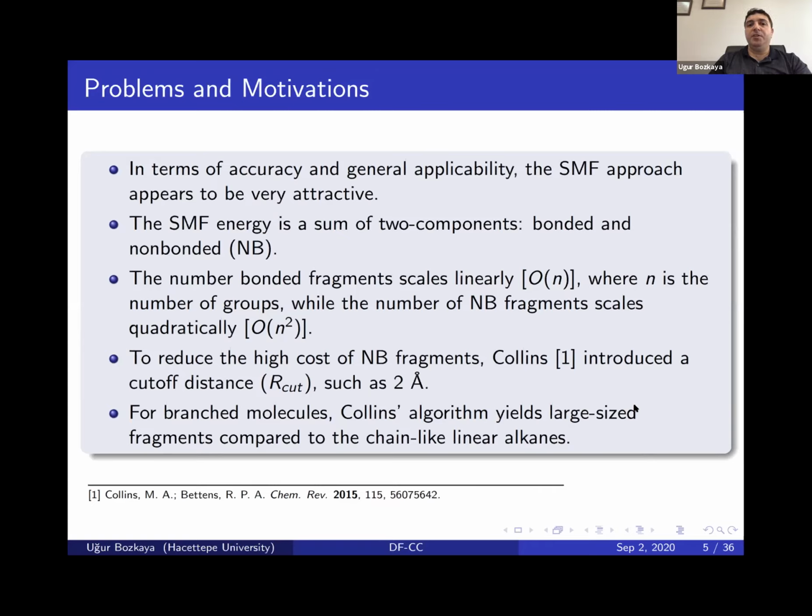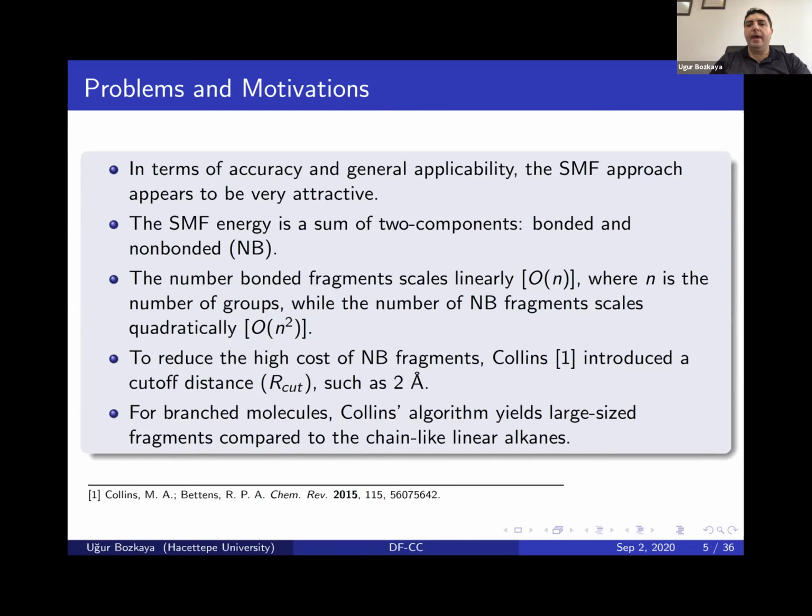The SMF energy is a sum of two components, abundant and non-abundant energies. In the SMF approach, the number of abundant fragments scales linearly, where in this formula n is the number of groups, while the number of non-abundant fragments scales quadratically. So the original method is not a linear scaling method. However, to reduce the high cost of non-abundant fragments, Collins introduced a cutoff distance, such as 2 angstrom.